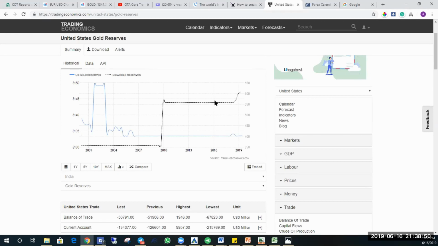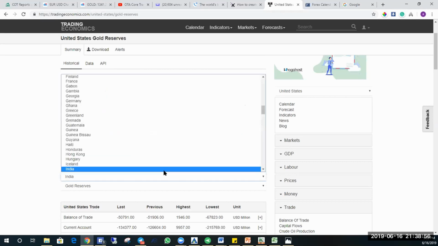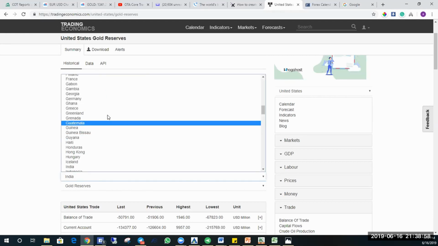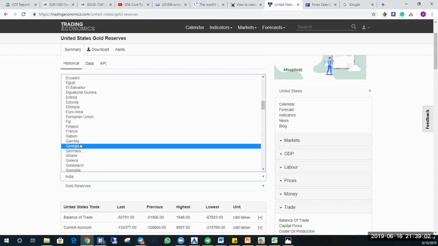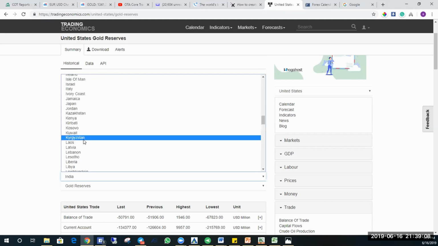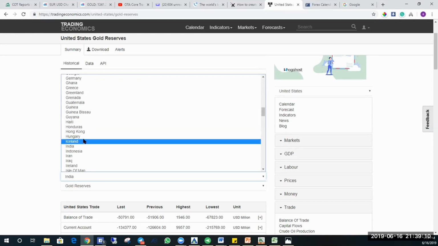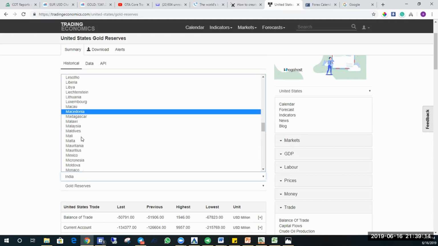And you can also compare. Maybe we can compare that with China. China is another country. No, Russia. Let's see what Russia is doing in terms of their gold reserve. Okay, Russia should be here.